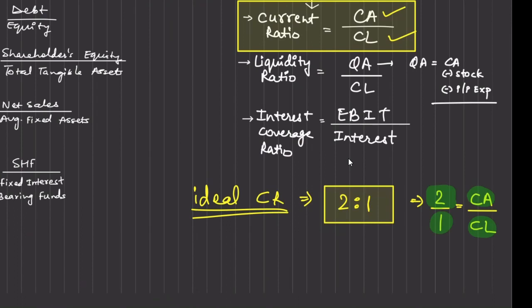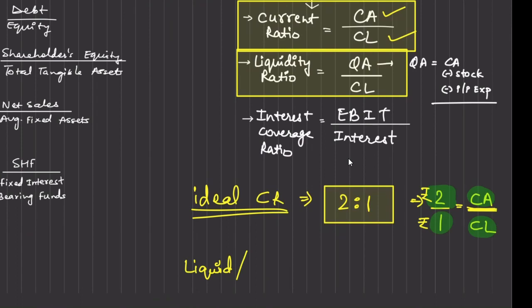For every 1 rupee of the liability, you should have 2 rupees of backup as your current assets. So that is the ideal current ratio. Then we have the liquidity ratio, or I would say not liquidity, but it is called the liquid ratio.